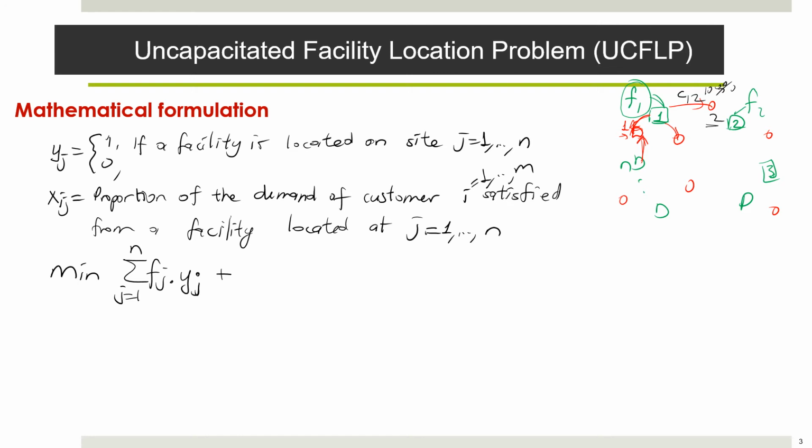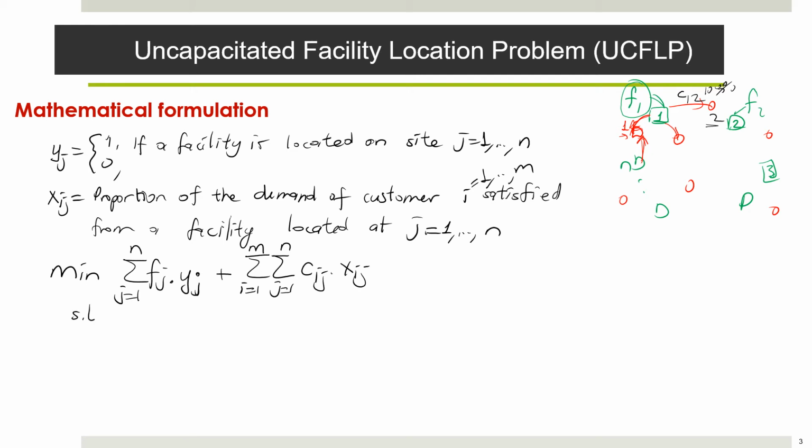Plus, we need to write the cost of satisfying the customers from different locations, and it will be simply Cij multiplied by Xij. Again, j goes from 1 to n, which are alternative facilities, and i goes from 1 to m, which are the existing customers. So this is the cost that we want to minimize.